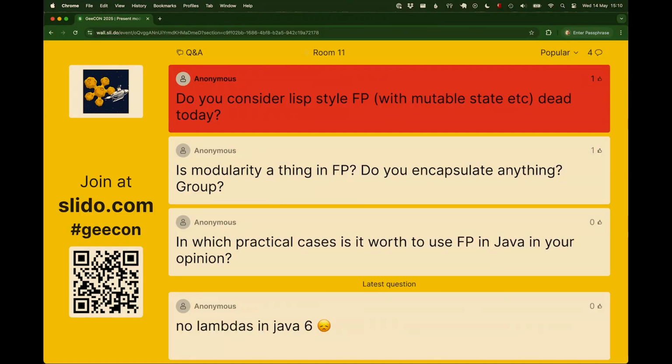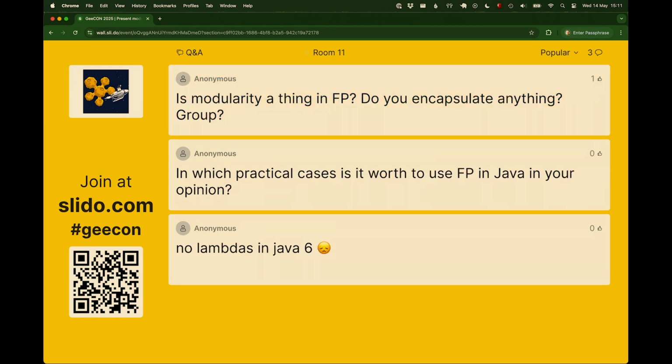Is modularity a thing in FP? Do you encapsulate anything? Okay, I don't understand the group thing. Yes, of course it's a thing in FP. I guess you just modularize it differently. In OCaml, for example, you have the distinction between signatures and implementations, and a signature is like the public interface, while the implementation is where all the private things sit.